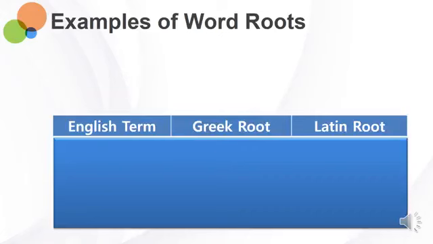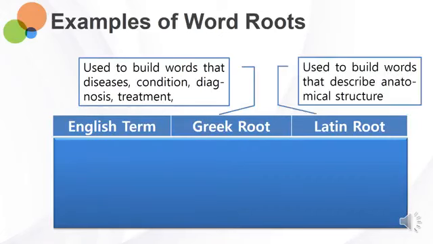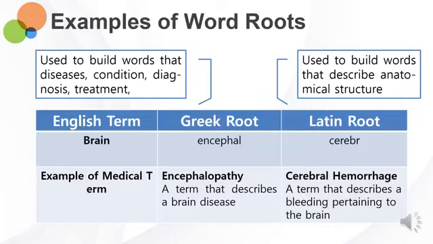For the examples of the word root, for the brain, I have chosen for you the English term brain. The Greek form of the root is encephal, and the Latin root form is cerebr. The medical term derived from the Greek form is encephalopathy, a disease which affects the brain.